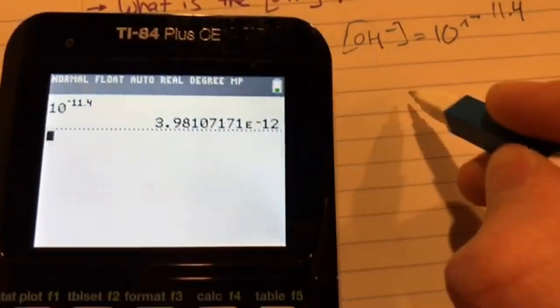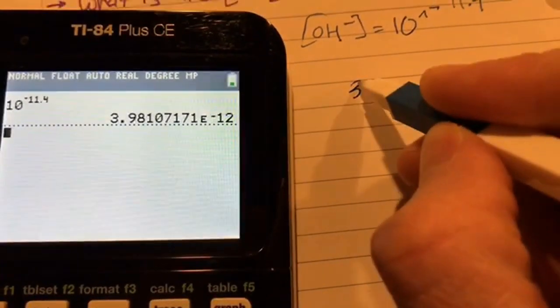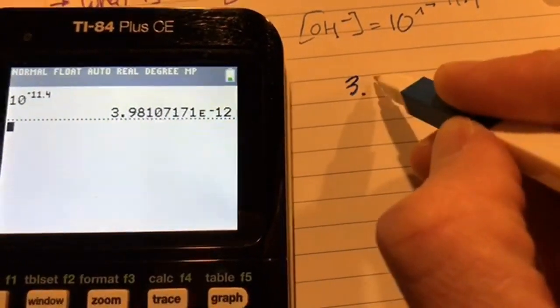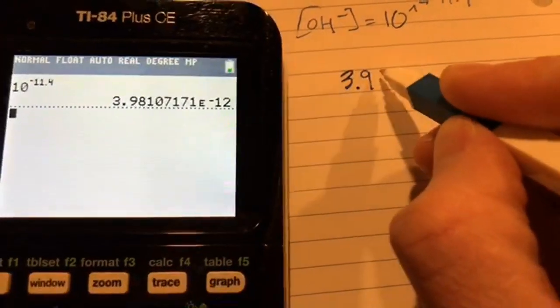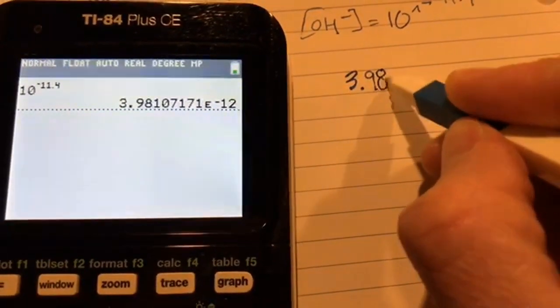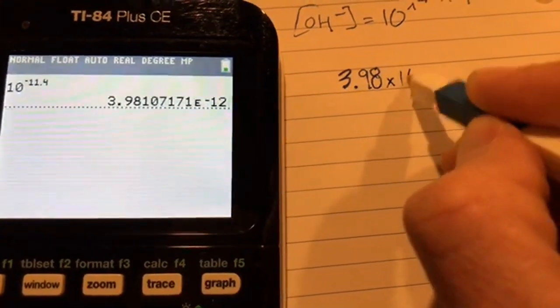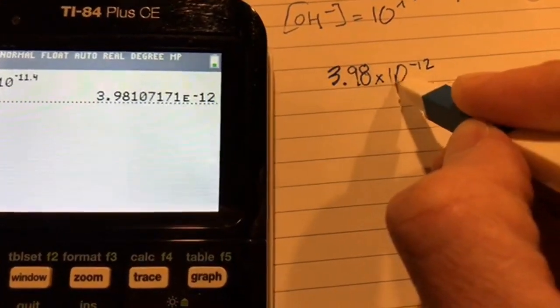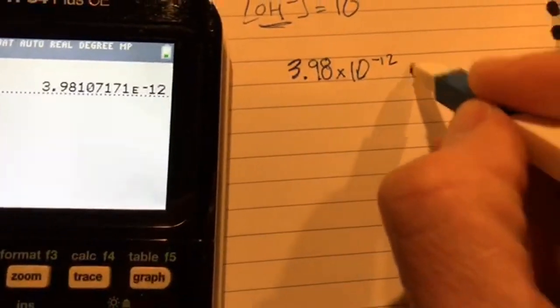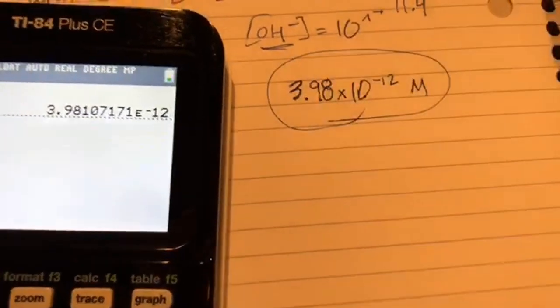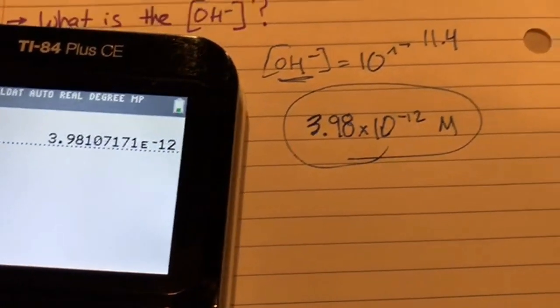So I'm going to write, again, forget sig figs for pH calcs because it is kind of weird. Don't worry about it. If you get into AP Chem, you'll deal with pH sig figs. So 3.98 times 10 to the negative 12. And again, this is a concentration, so I'm going to add an M to the end of it because it's a molarity.